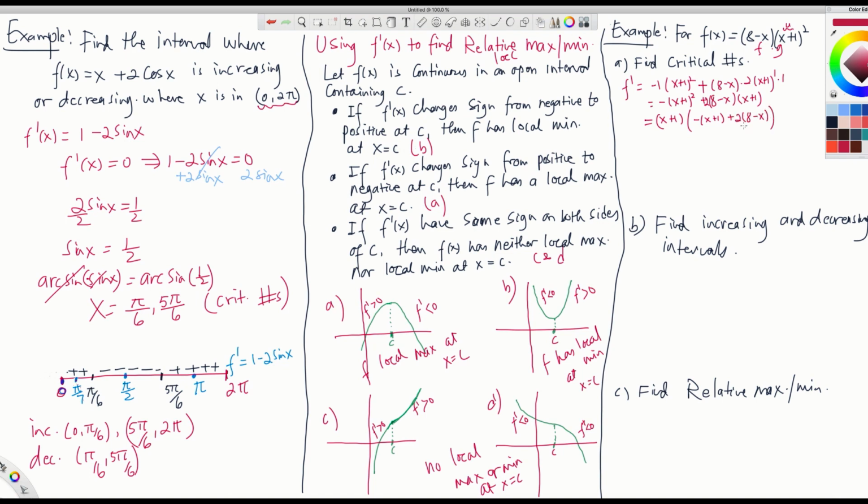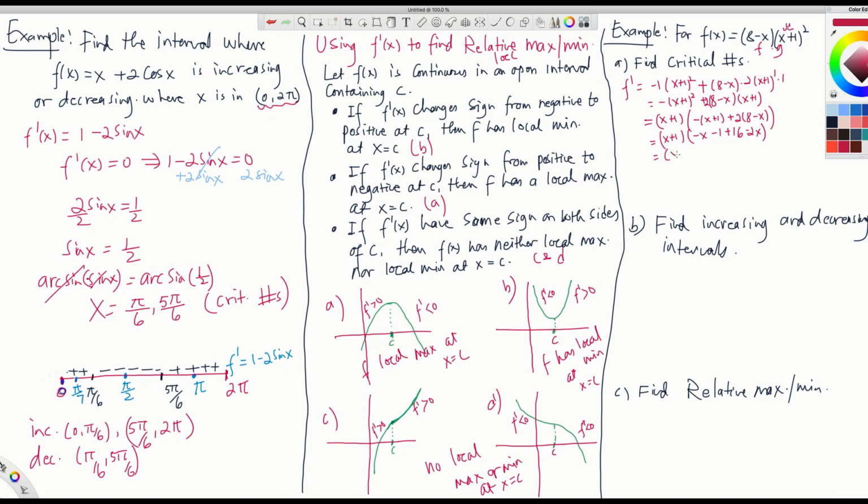You see that? Let me simplify inside the parentheses. There is negative x minus 1 plus 16 minus 2x. You see that?